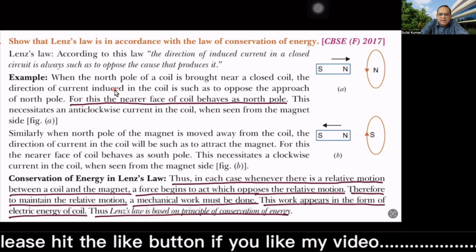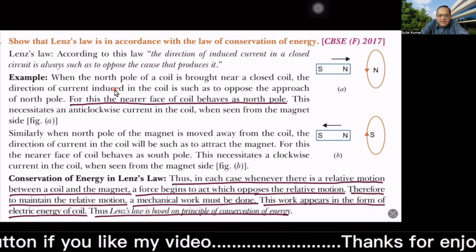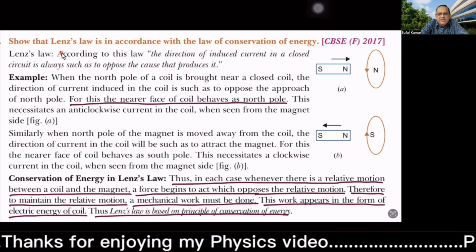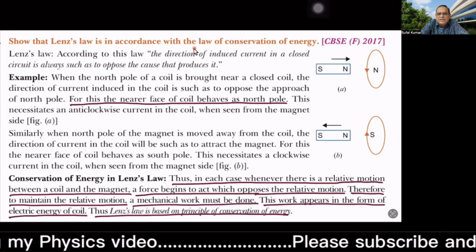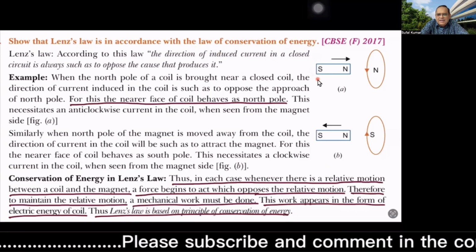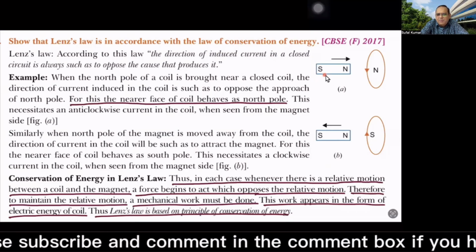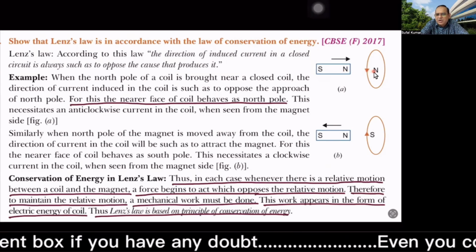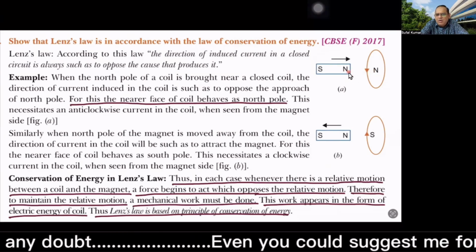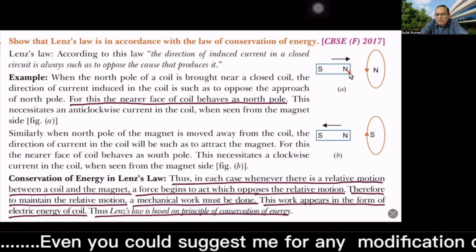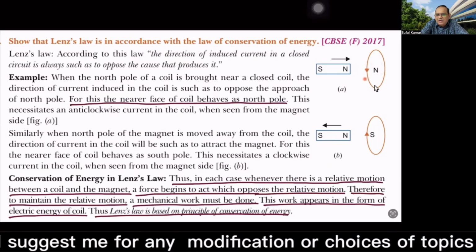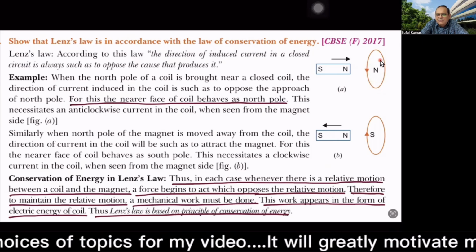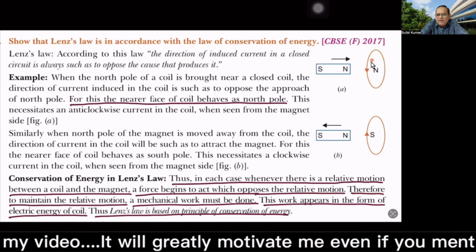Here it comes. Now in the last point, we are to discuss how Lenz's law is in accordance with the law of conservation of energy. Let's see. Suppose this north pole is approaching towards the coil. Then in order to repel this approaching north pole, it will try to generate a north pole, and for this it will have to generate anti-clockwise current.